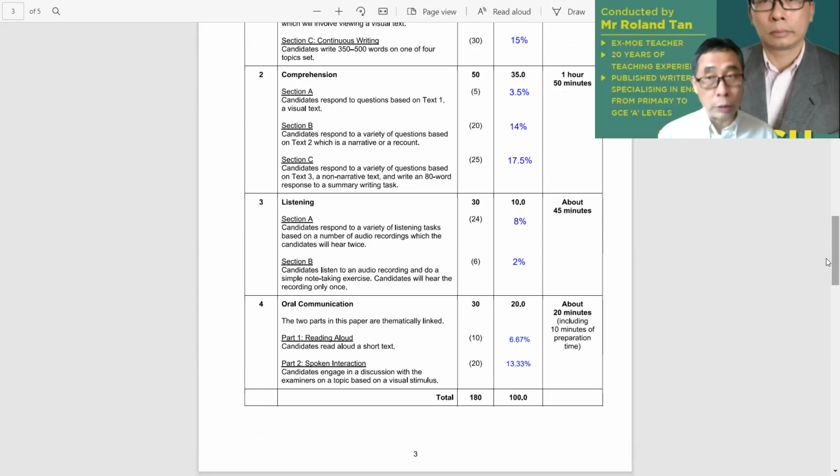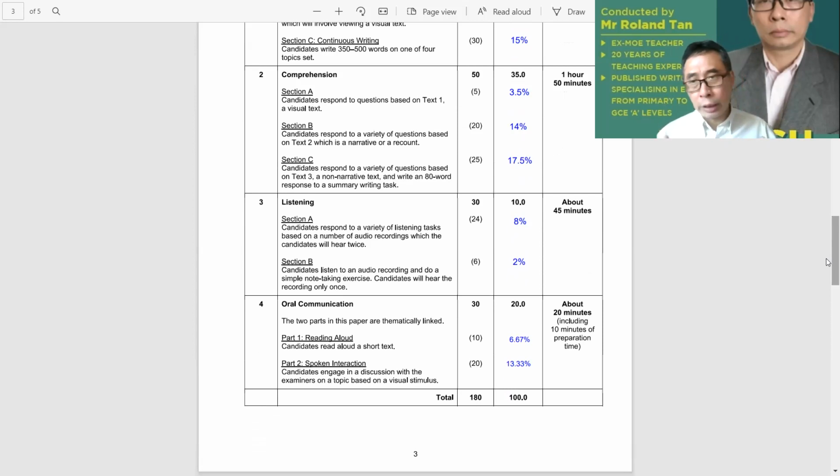Now, that is actually quite substantial, considering the fact that you are only being tested for 20 minutes of your time, and you could garner up to about 18% of your paper, assuming you are up to scratch.